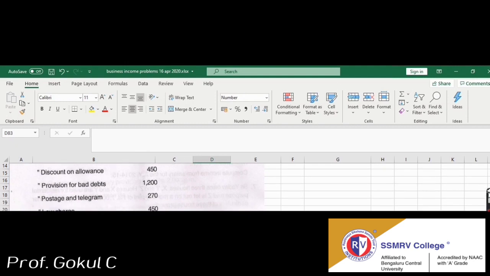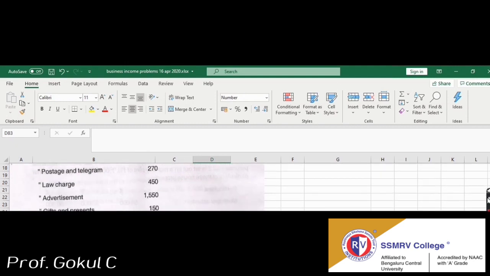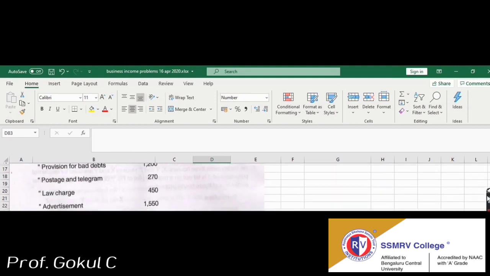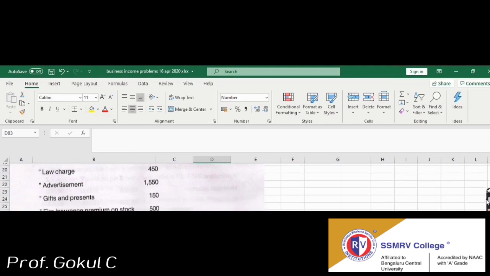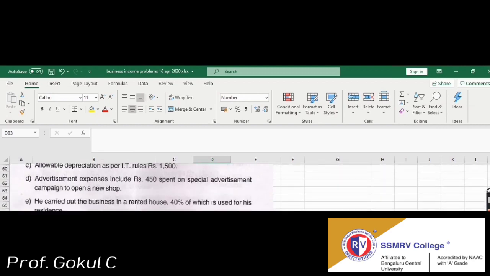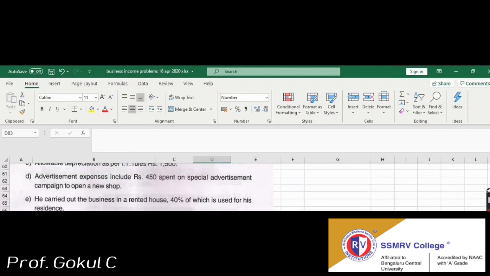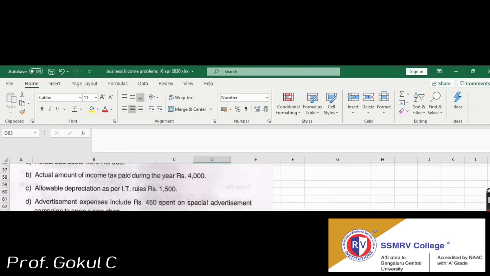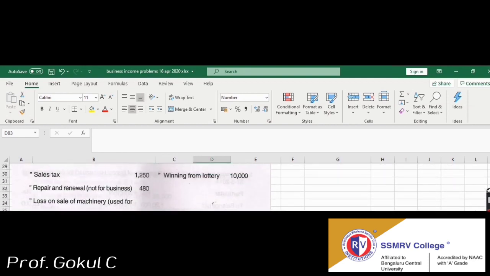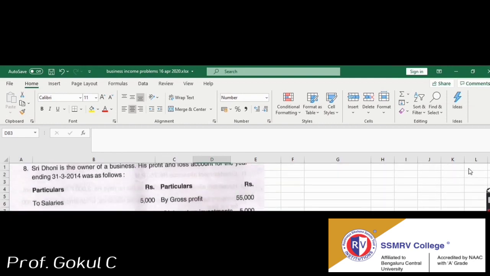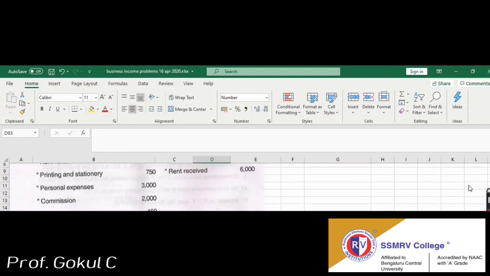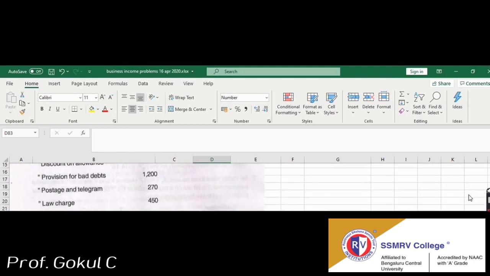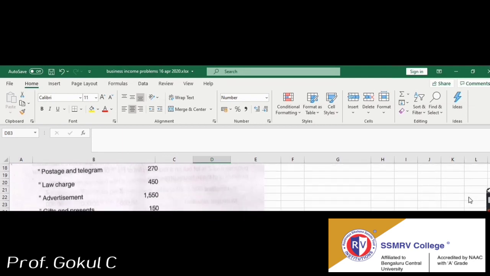Okay, next, postage and telegram, business expenditure 270 rupees. Law charges, again it's business expenditure. Advertisement 1550. It says there is a special advertisement which is used for the inauguration of a new shop. That is again a business expenditure, so I don't think you'll have to do any sort of adjustment to it. You can leave it as it is, 1550.